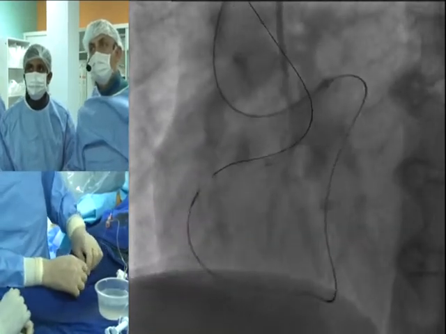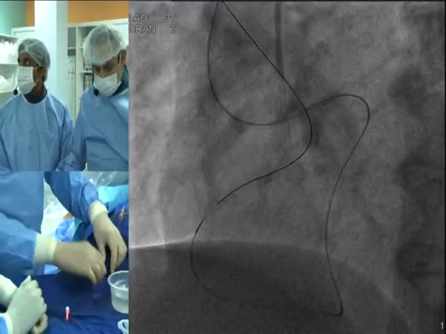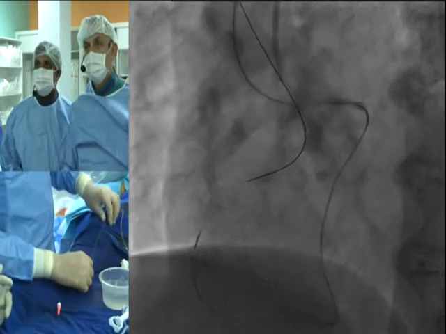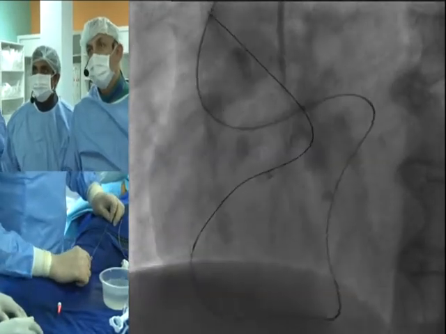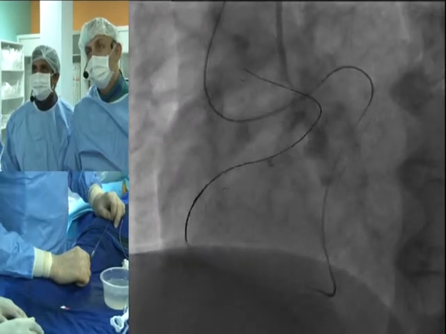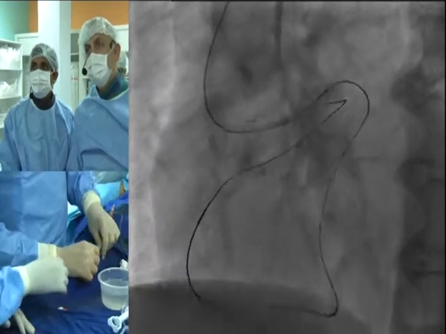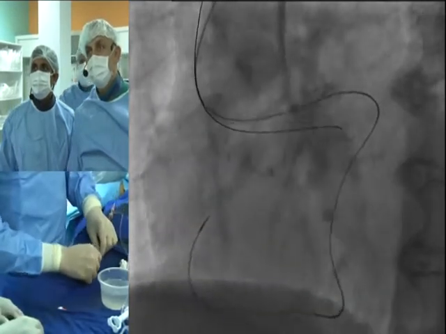Okay, let's snare it. I like to insert my Corsair into the RCA to insert RG3 here.